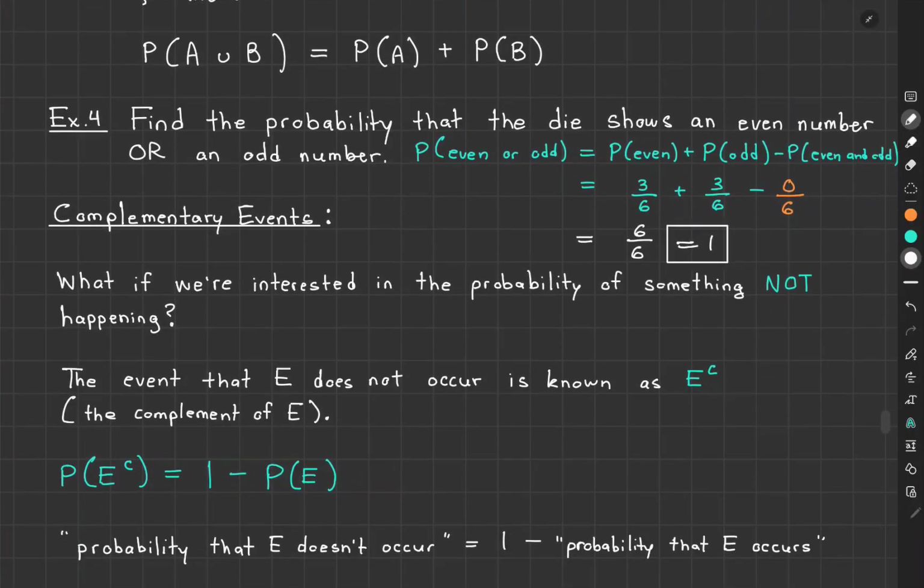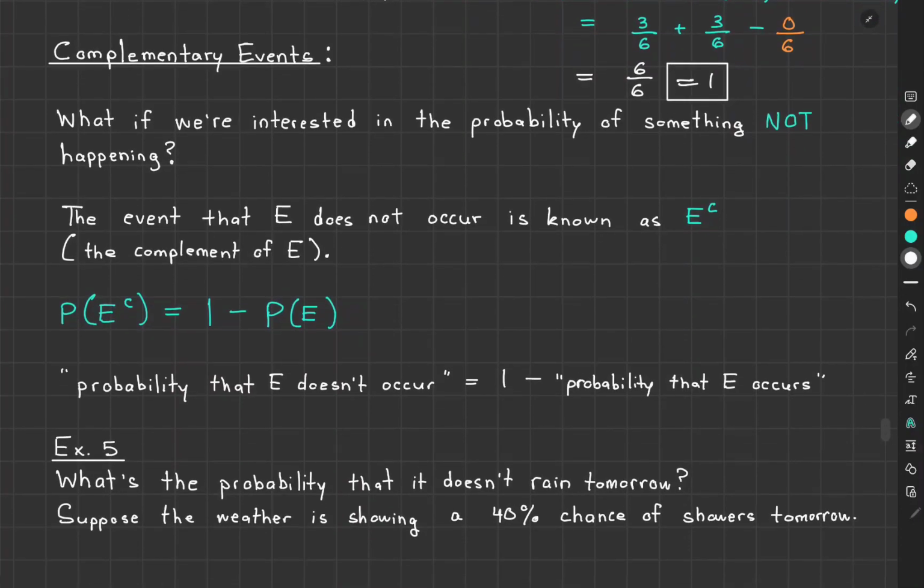All right. Now let's consider what are called complementary events. So what if we're interested in finding the probability of something not happening? The event that E does not occur is known as E complement.